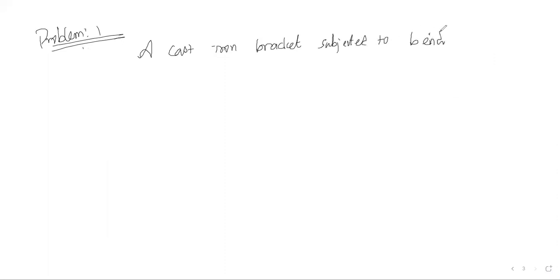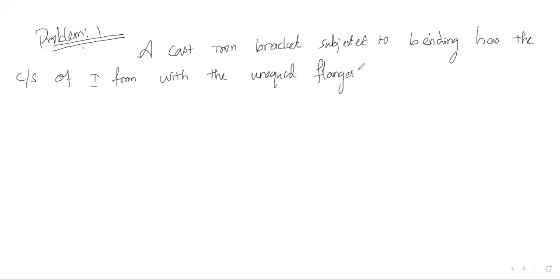The first problem is: a cast iron bracket subjected to bending has a cross section of I form with unequal flanges. The dimensions of the section are shown in the figure.